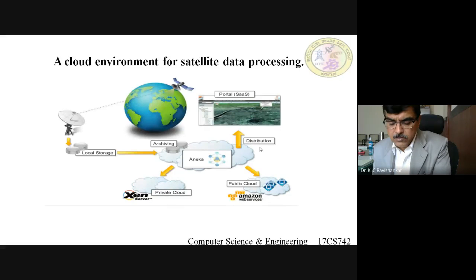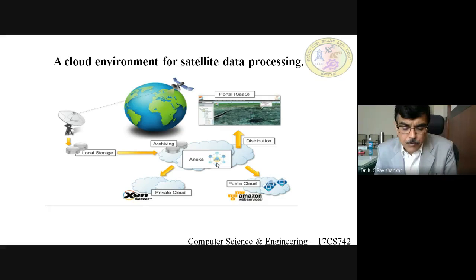Okay, so the GIS normally requires both I/O and computing intensive tasks. Large size images need to be moved from ground stations, local storage, to the computing facility, where several transformations and corrections are applied. Cloud computing provides the appropriate infrastructure to support this data processing.